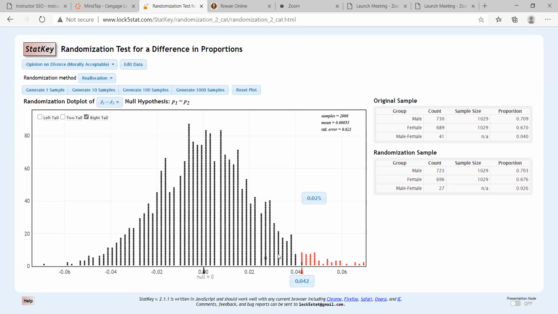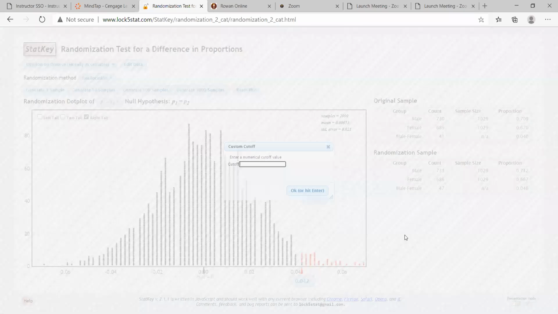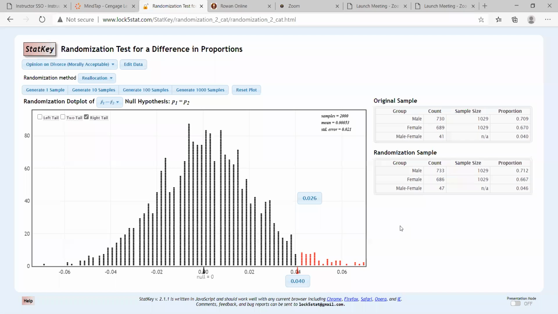The dots that are positive indicate that males find it more acceptable than females. In our sample, males find it more acceptable by a difference of 0.04 in terms of the proportion. So I'm going to type in 0.04 here as our sample difference in proportions.